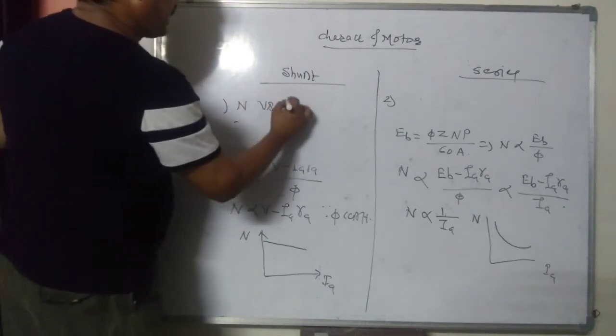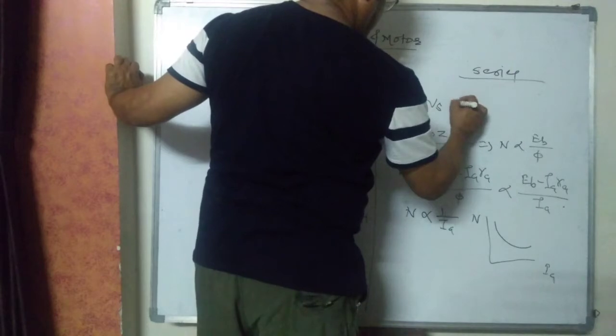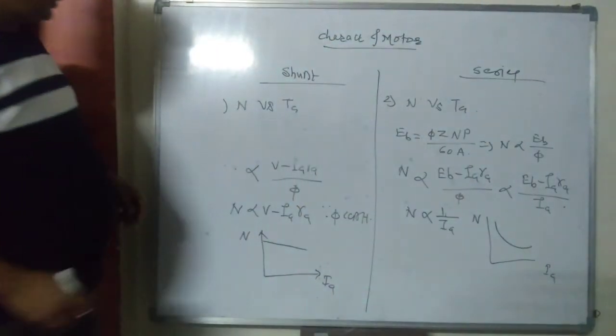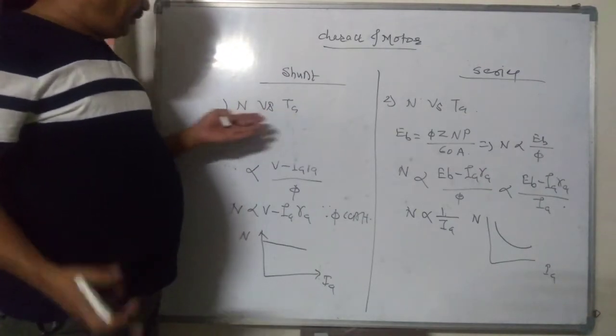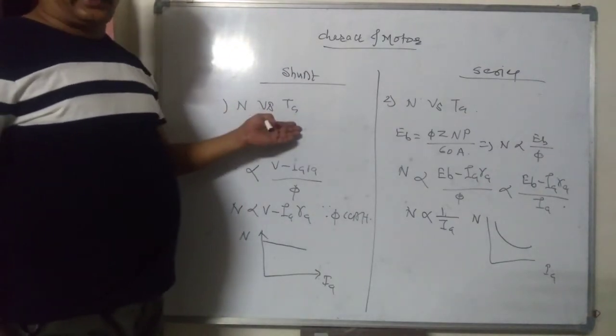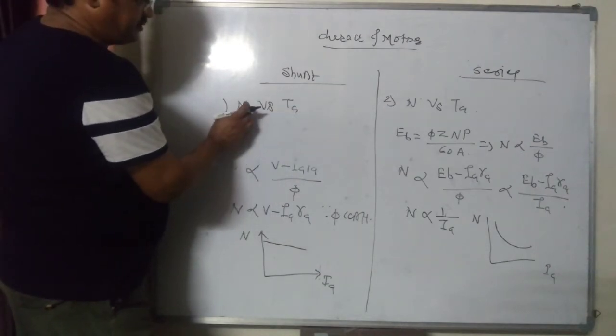Then the third: speed versus armature torque. We have studied the torque armature current characteristics and the speed armature current characteristics.